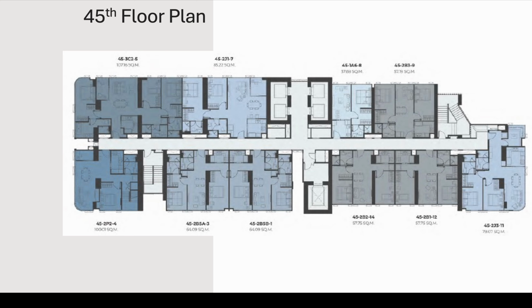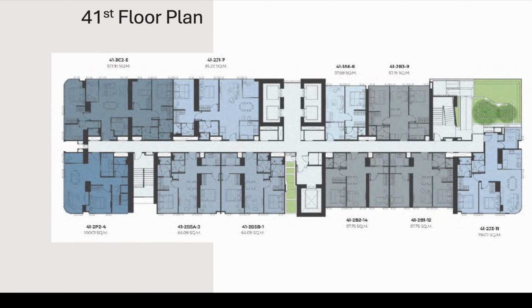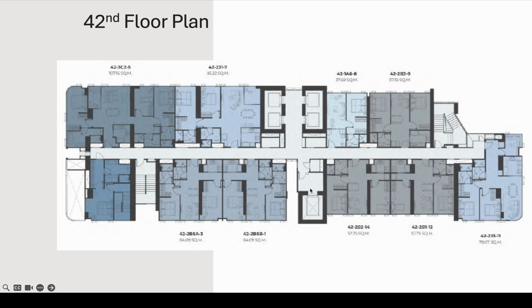Okay, so these are the other levels. So you can see, right, actually, so all these levels, right, so this 41st floor, the 42nd floor, right, you can overlook the garden, because this like a vacuum like that. So what you can see is that this direction, right, you can overlook the garden.